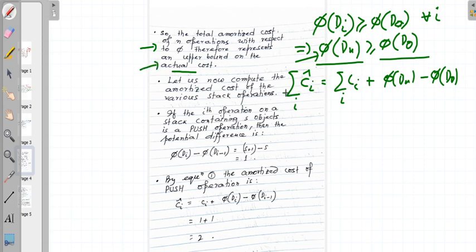Let us now compute the amortized cost of various stack operations. If the ith operation on a stack containing s objects is a push operation, then what will be the potential difference?